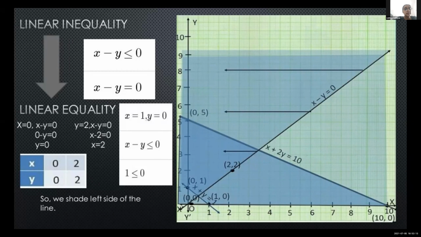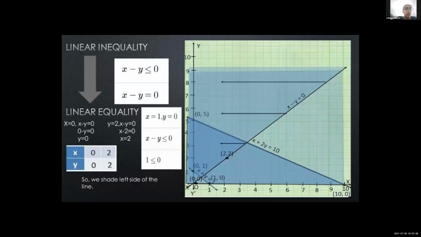There's a difference in this linear inequality: this line passes through the origin. So to find the area which is to be shaded, you have to give x value as 1 and y value as 0 in the linear inequality x minus y less than or equal to 0.